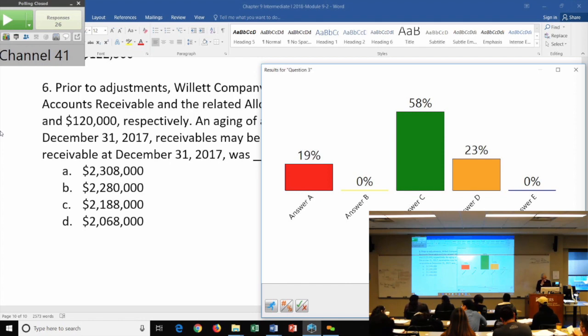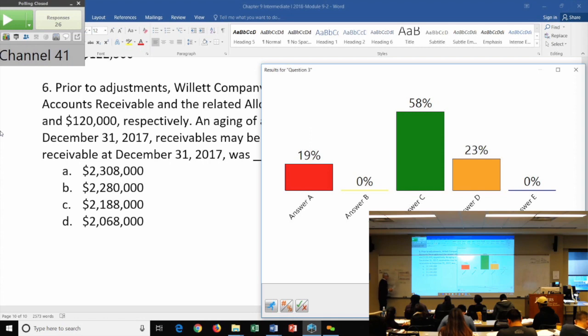All right, what makes this one a little easier is that we have an opening balance here of 2.4 million. And it says you have a beginning balance in the allowance for bad debts of 120. But it gives you the ending balance already, and that's 212.